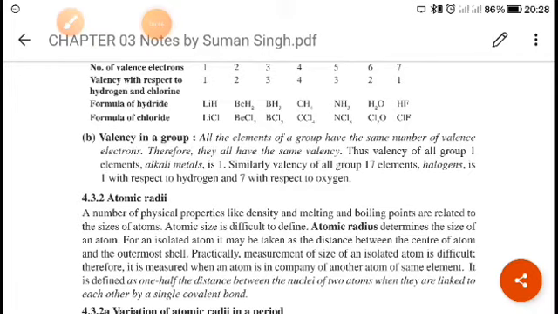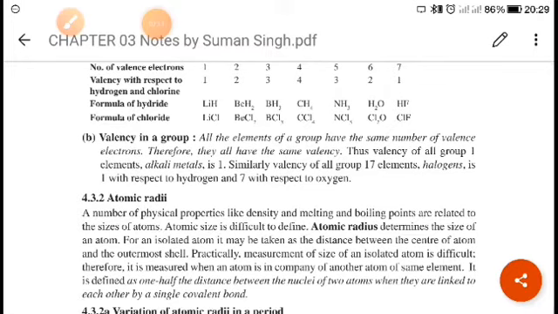For example, all the elements in group 1 have a valency equal to 1, while that of group 2 has a valency of 2. So variation of valency in the periodic table does not show any trend, or we can say it is the same.